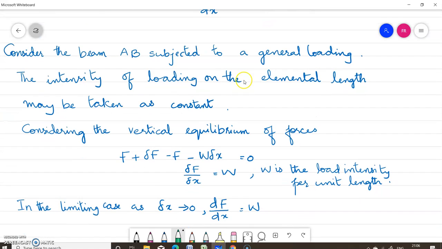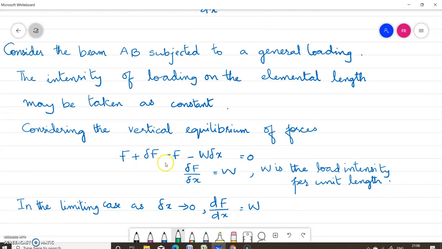So when you consider the vertical equilibrium, the forces are minus F minus W into delta x plus F plus delta F. No other vertical force is acting. This equals 0 when you take the equilibrium condition sigma V equal to 0.